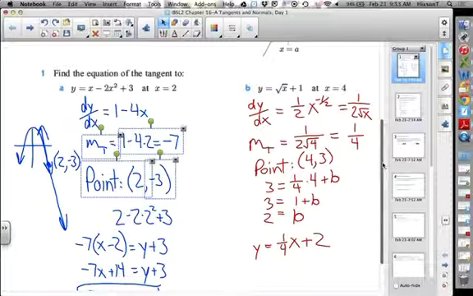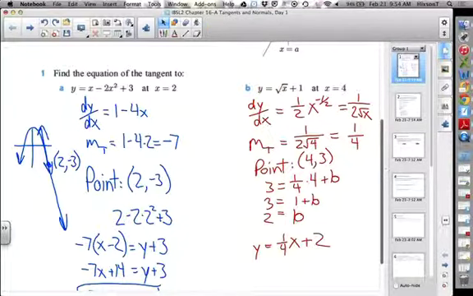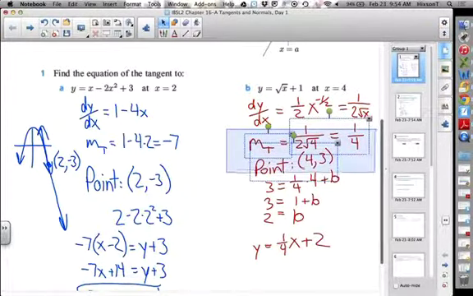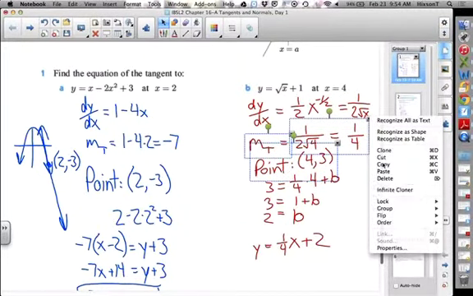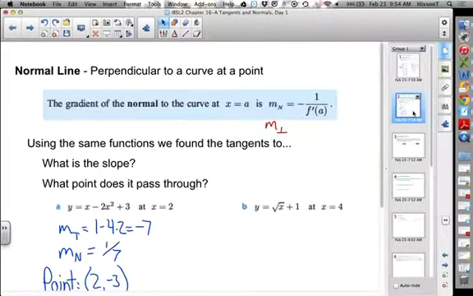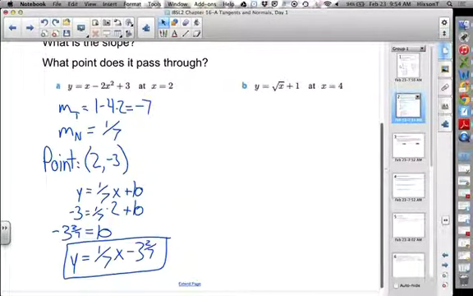Oh, it's negative. Four, 3. What's 16? What's 3 minus 16? Negative 16. B is negative 13, so y equals 4x minus 13.